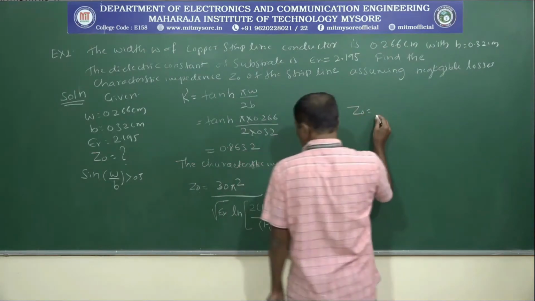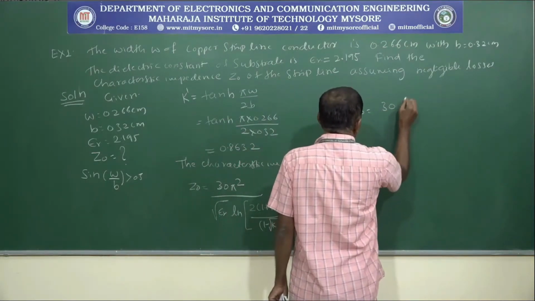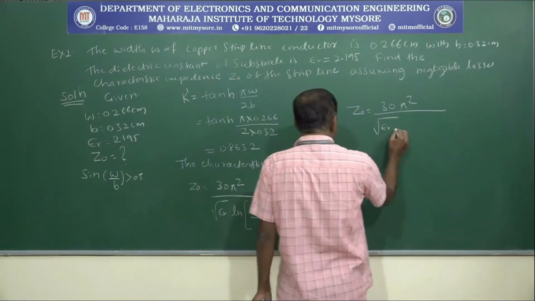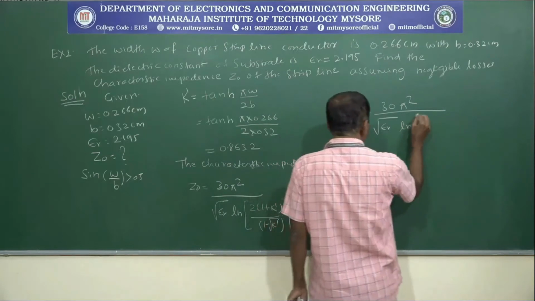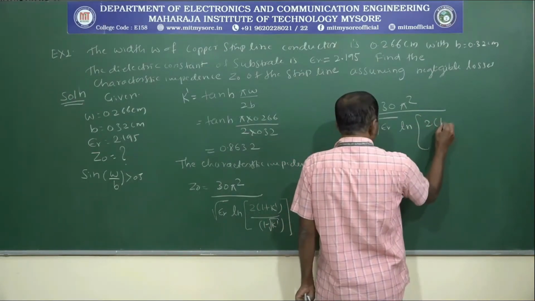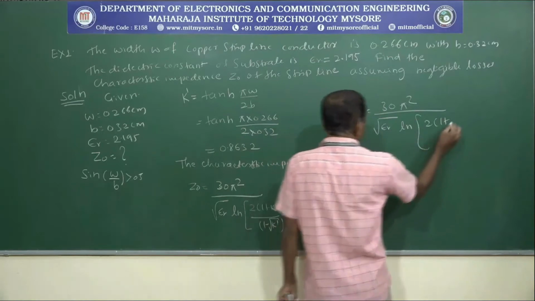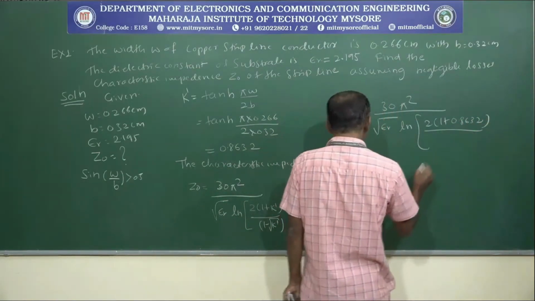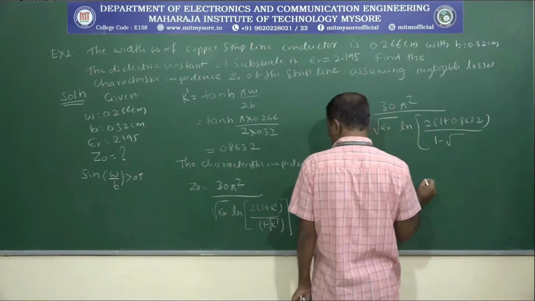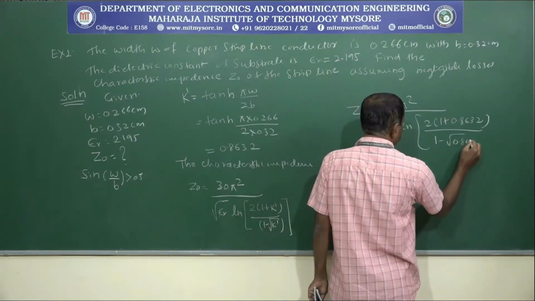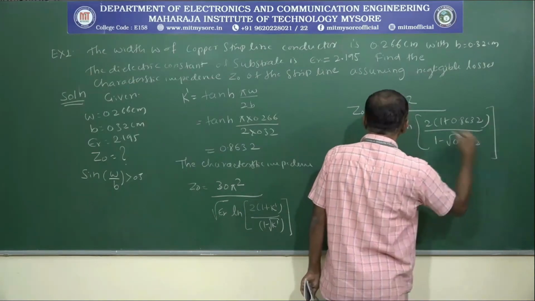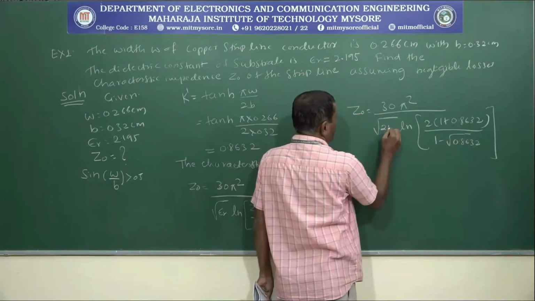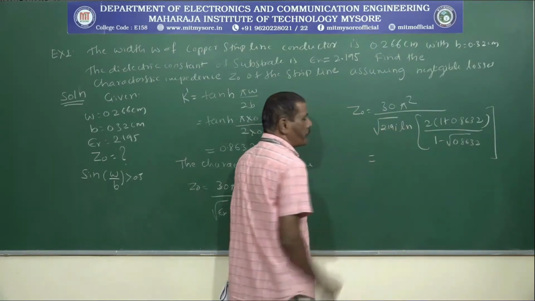So Z0 is equal to 30 pi square divided by root of epsilon r into log n of 2 into 1 plus root of 0.8632 divided by 1 minus root of 0.8632, and epsilon r is given as 2.195.